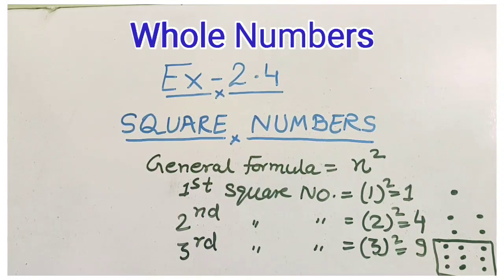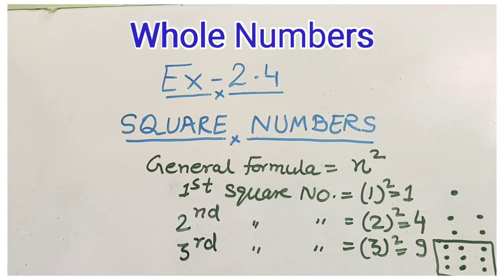Clear? The length and breadth will be 3 units, or you can say 3 dots. So just guess what the 10th square number will be. That will be 10 square, that is 100, in which we have to apply 100 dots, 10 by 10. Got it? Excellent, children.